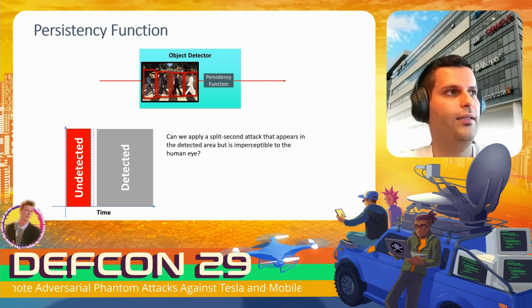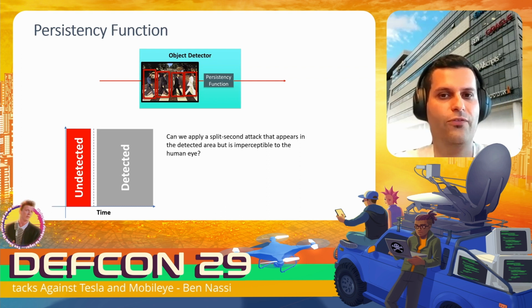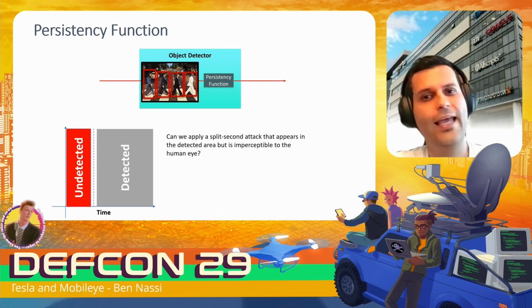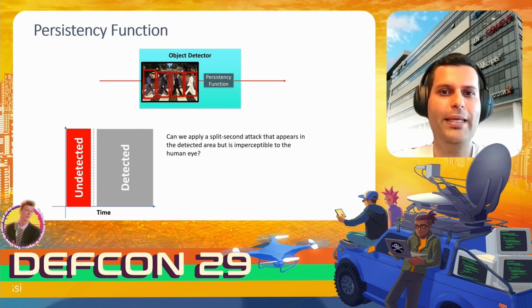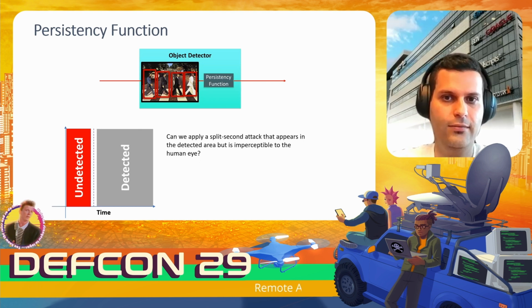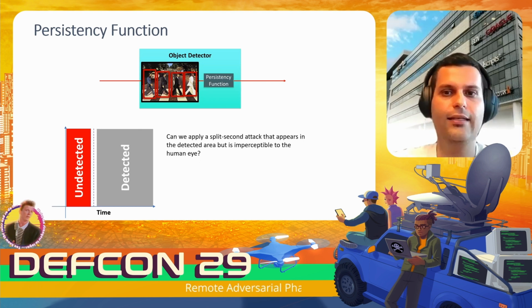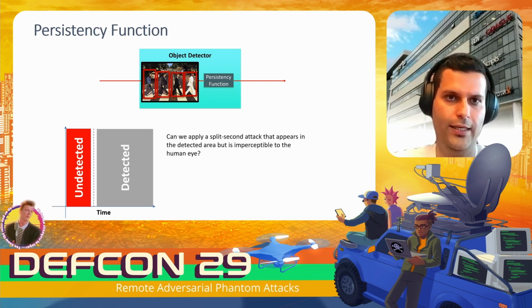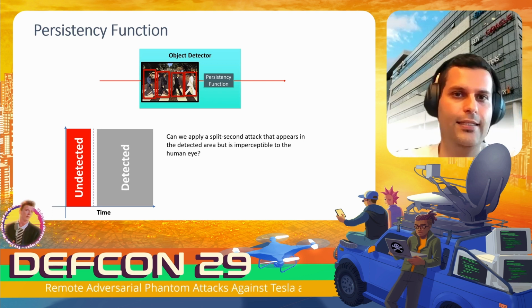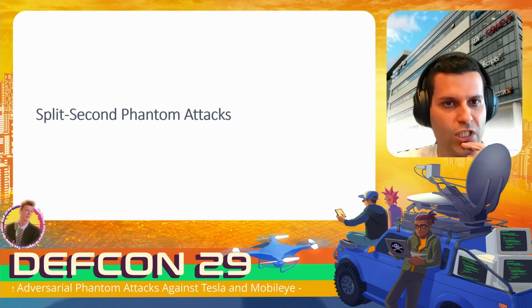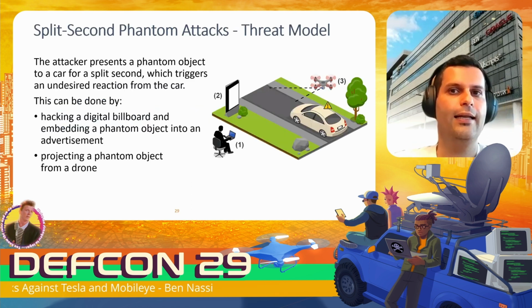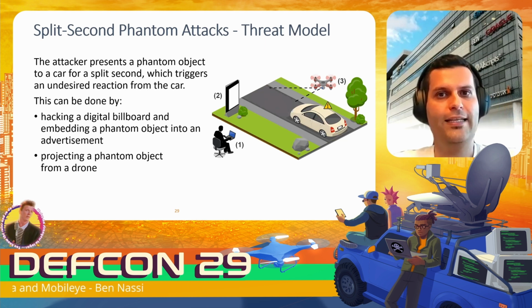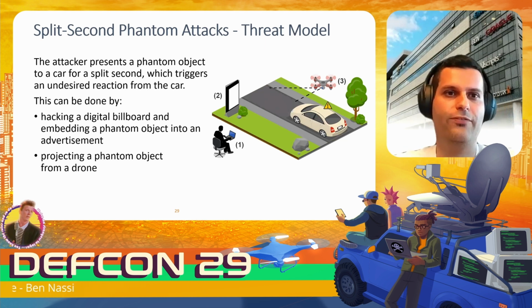So here is a question which will introduce the motivation for the split-second phantom attack. Can we apply a split-second phantom attack that appears in the detected area, but is still imperceptible to the human eye? And this is what takes us to the next section, which is the split-second phantom attacks. Now, let's first try to understand what split-second phantom attacks are, and let's discuss the threat model.